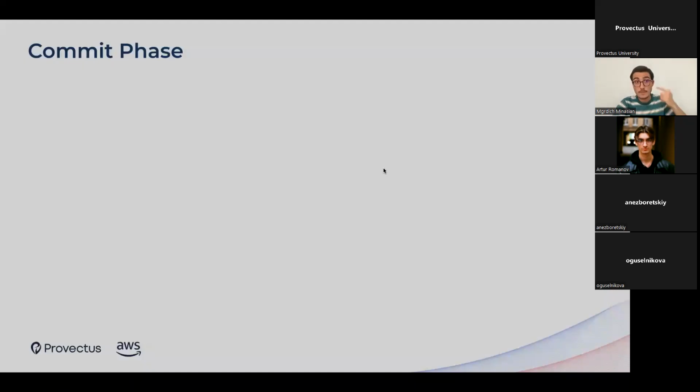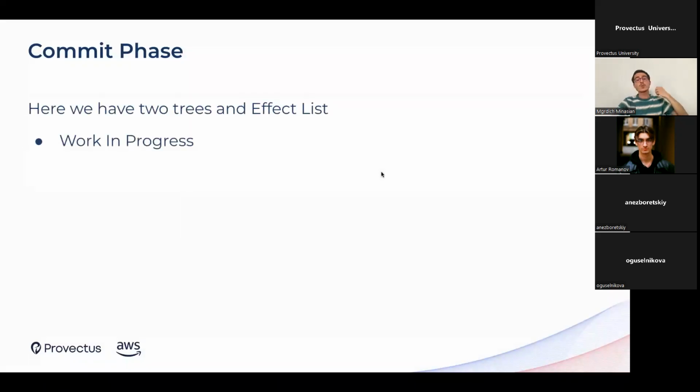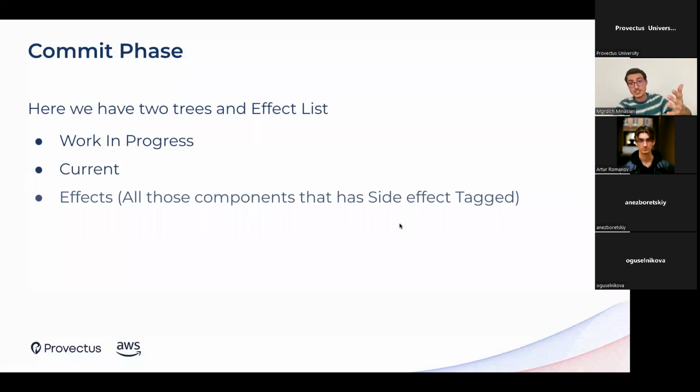But the commit is all of your work in progress. You have the work in progress tree, the current tree, and the effects that you did create. You have to apply all of those effects onto the DOM.